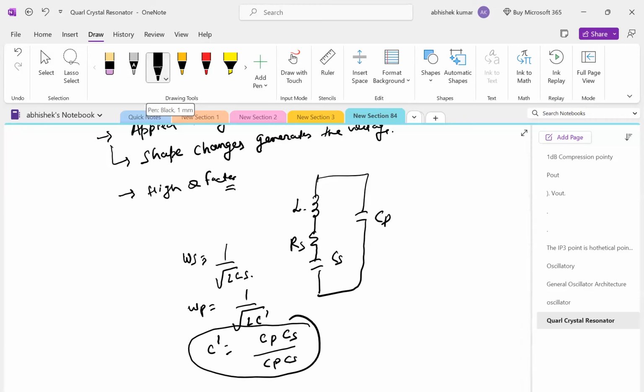If omega p is much greater than omega s, if C P is greater than C S, if the values satisfy the criteria, then we can have a large quality factor. These oscillators give fixed values.